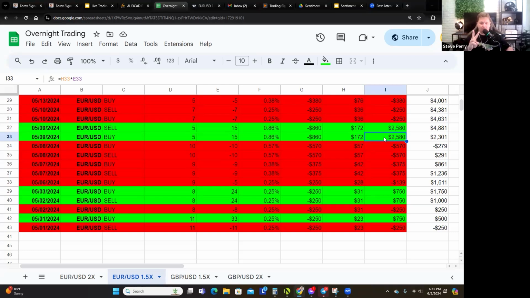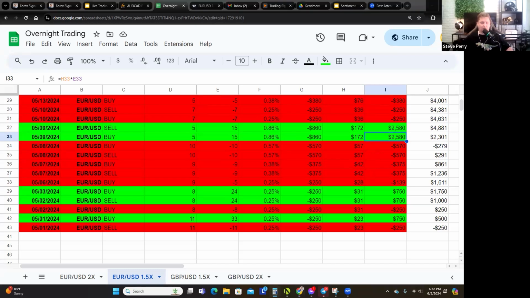The second variable is this is the biggest lot size in the sequence. Because if you think about it, you started with 0.25, then you went to 0.38, then 0.57, then you got your win at 0.86. And the 0.86 at 1 to 3 RR ratio just so happens to be almost a $2,600 profit each trade.